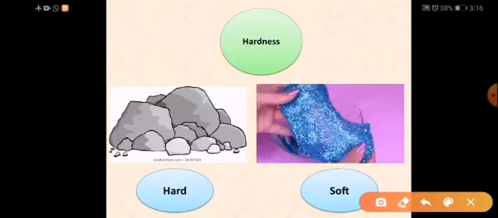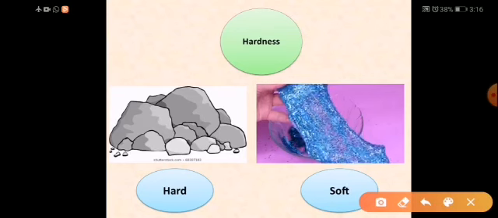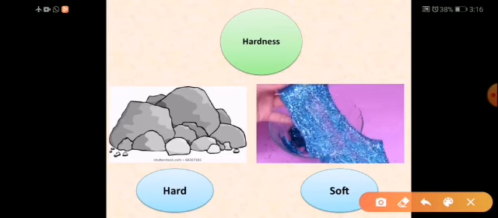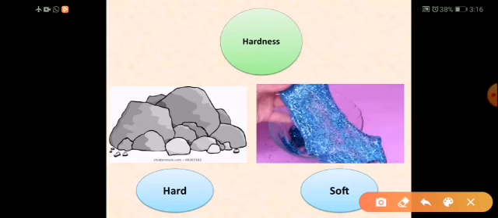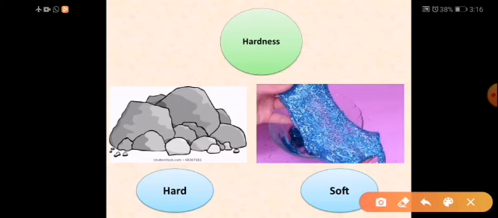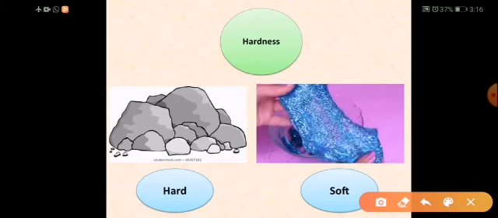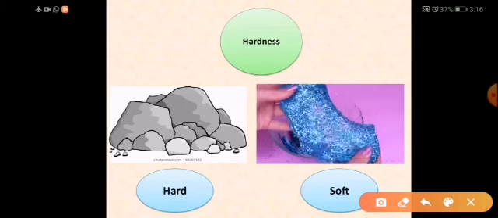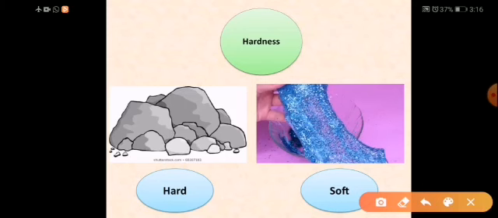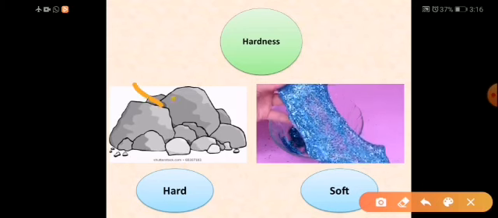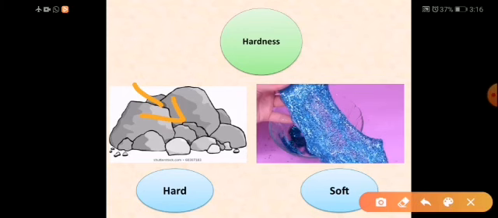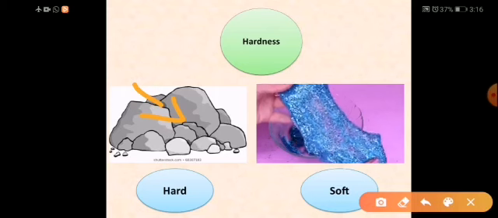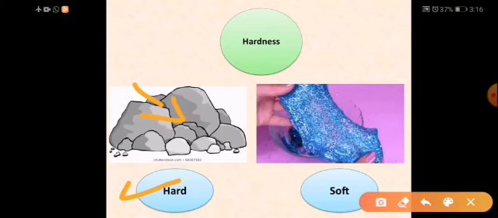Number two, the hardness. Hardness describes how easily an object's shape can be changed. Can the object be changed easily, or is it very hard to change its shape? For example, the rocks. Can we change the shape of the rocks easily? Of course not, because they are very hard.